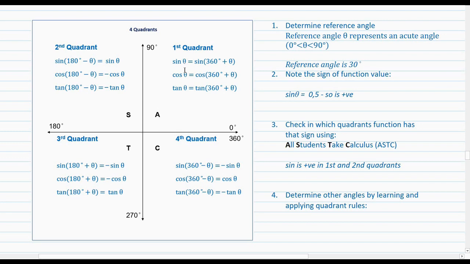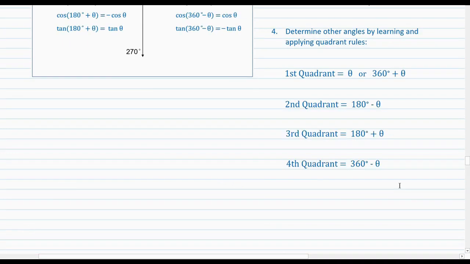So the quadrant rule for the first quadrant is just theta stays as is. Then the quadrant rule for the second quadrant is 180 degrees minus theta. For the third quadrant, the rule is 180 degrees plus theta. And finally, for the fourth quadrant, the quadrant rule is 360 degrees minus theta, as summarized down here.